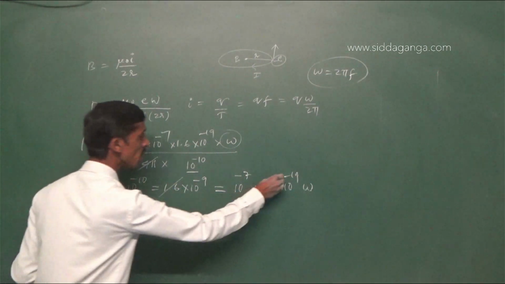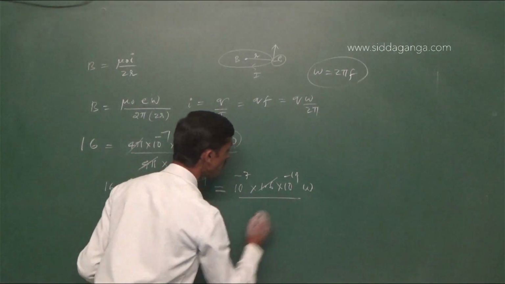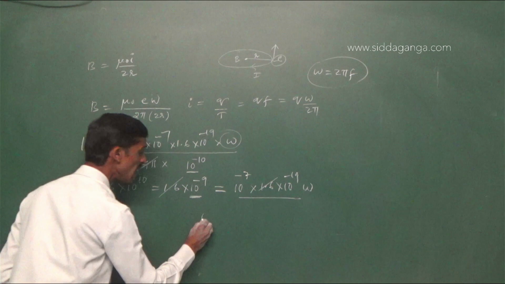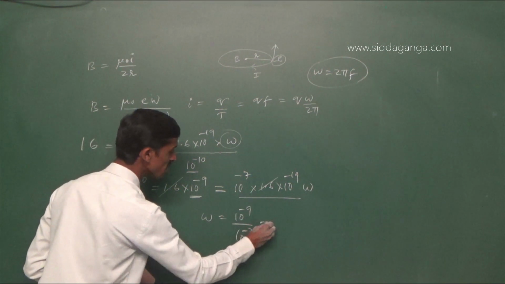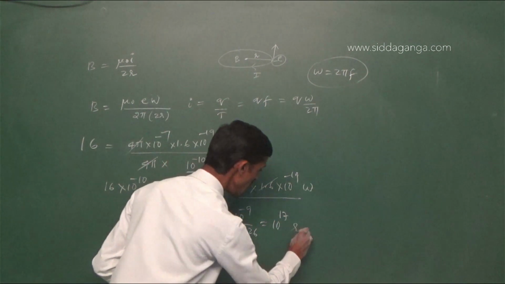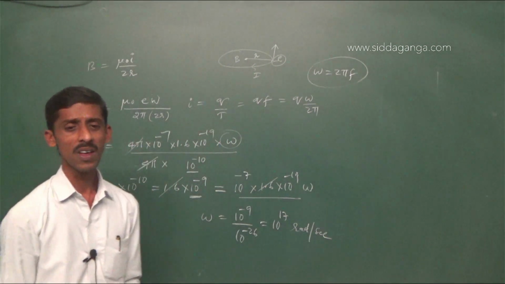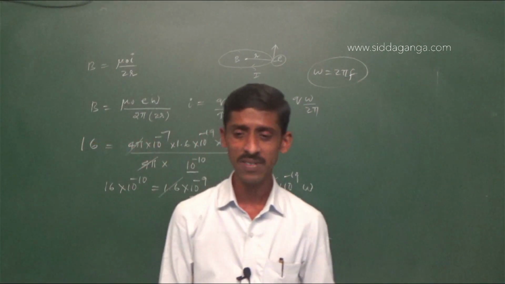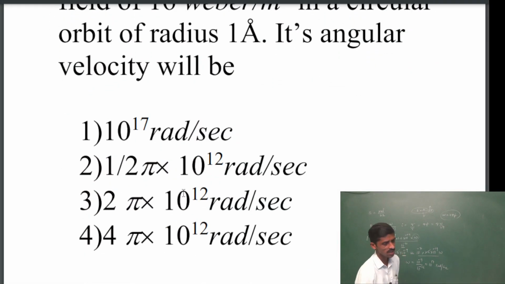So 1.6 cancels. 10 to the power of minus 9 and 10 to the power of minus 26 remain. What does omega become? 10 to the power of minus 9 divided by 10 to the power of minus 26, obviously 10 to the power of 16 radian per second, angular frequency. So what should be the angular frequency of the electron?